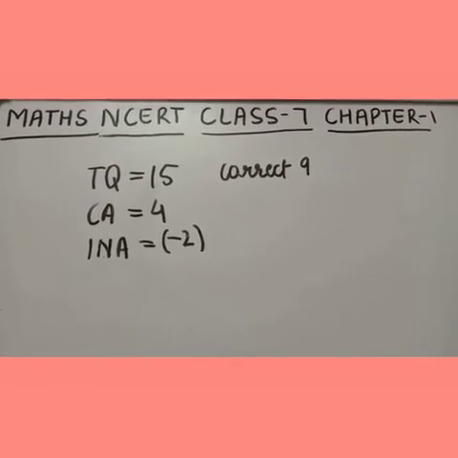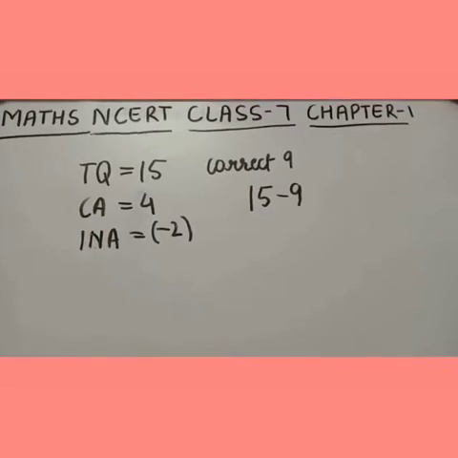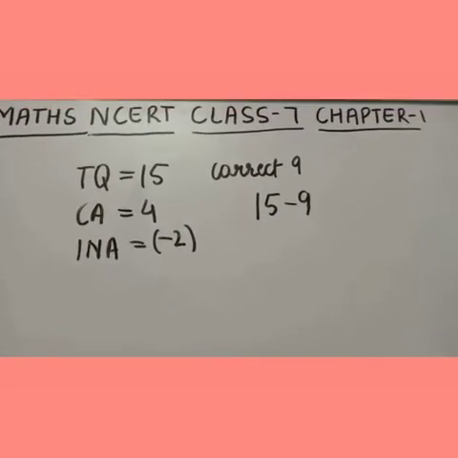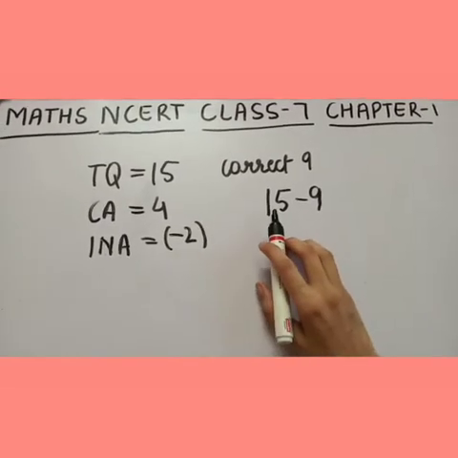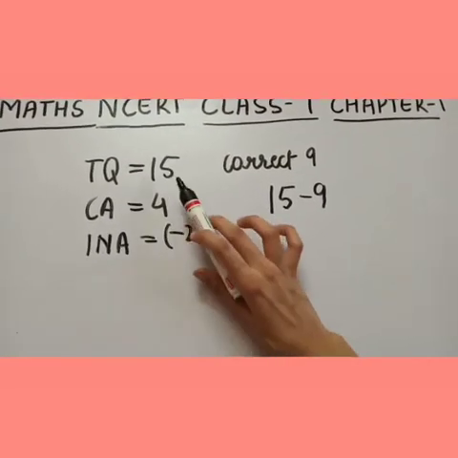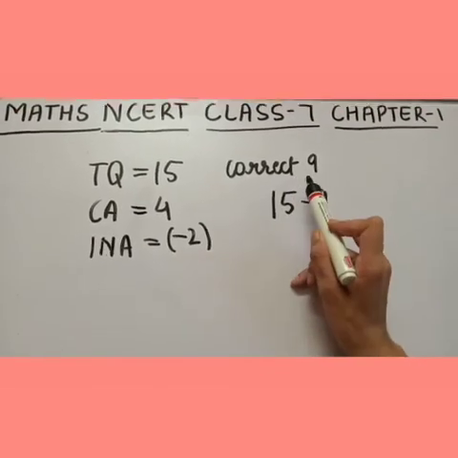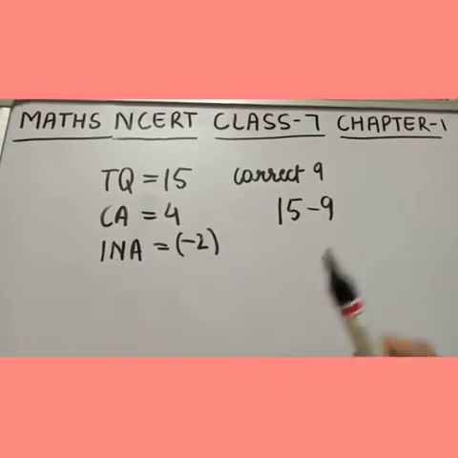For finding out the incorrect answers, we have to subtract 9 from 15, because 15 is the number of total questions and 9 is the number of correct answers.